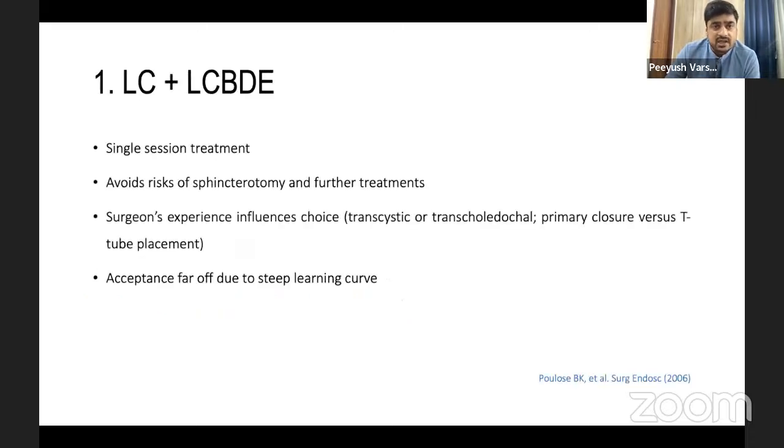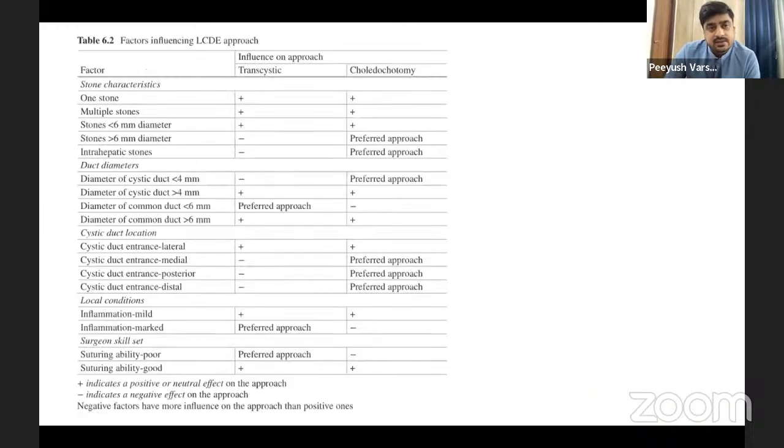Coming on to the single stage approach, laparoscopic cholecystectomy with lap CBD exploration, it avoids the risk of sphincterotomy, and what approach has to be used depends upon various factors as well as the surgeon's experience. Its acceptance is far off due to the steep learning curve as always, and also due to the costly instruments such as a choledocoscope, which is required for CBD clearance.